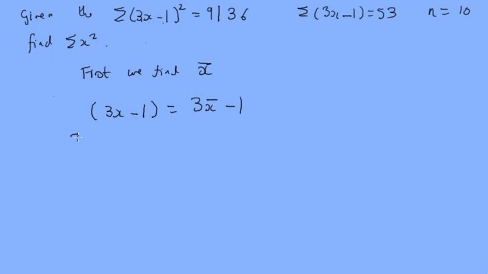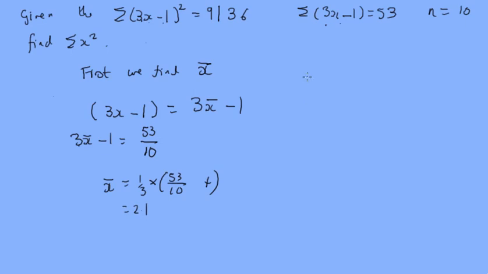So we've got 3 times the mean minus 1 equals, and we know the sum of 3x minus 1 is 53, and we've got 10 values, so we can rearrange this to get the mean as a third times 53 over 10 plus 1, bring that over, which gives us 2.1.